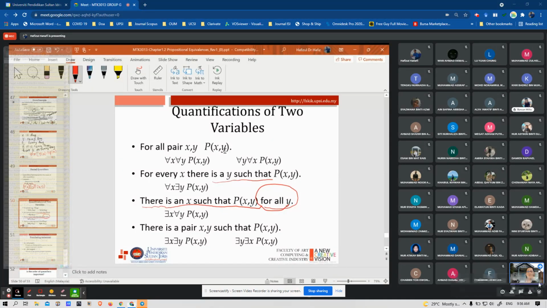Do you have any questions so far? There is a pair of x, y such that P(x, y): there exists x, there exists y, and then P(x, y). Same here, you can have x first or y first, it is the same.